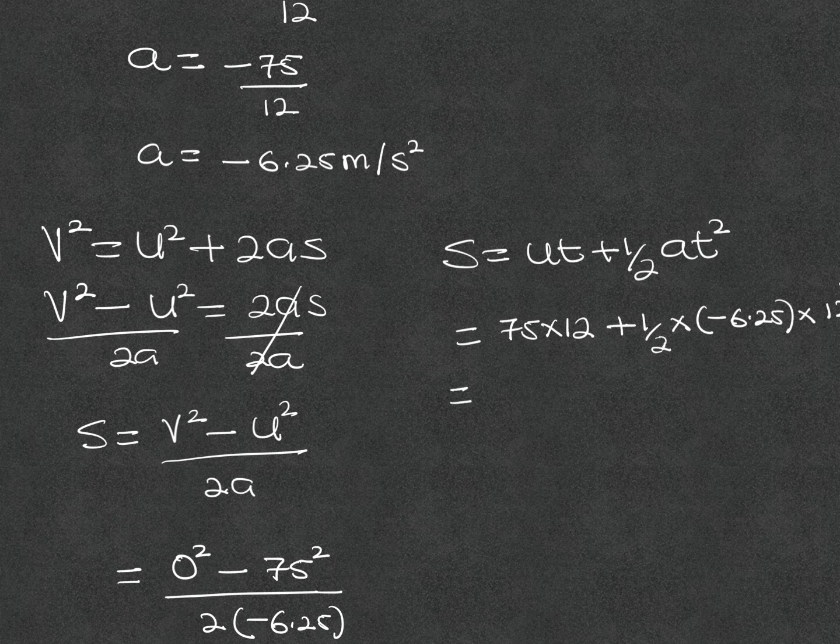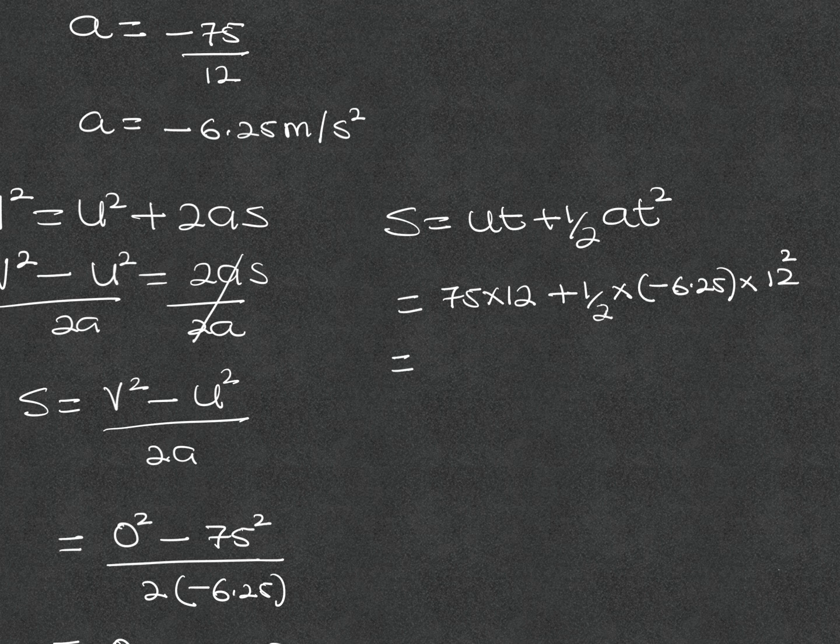So what are we going to have? 75 times 12 is 900 plus half multiplied by minus 6.25 multiplied by 12 squared is 144.